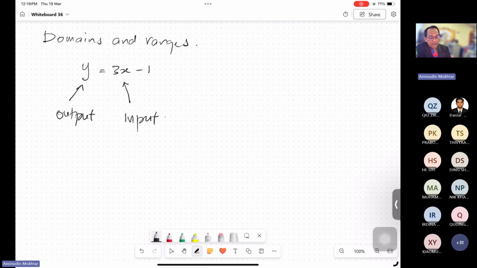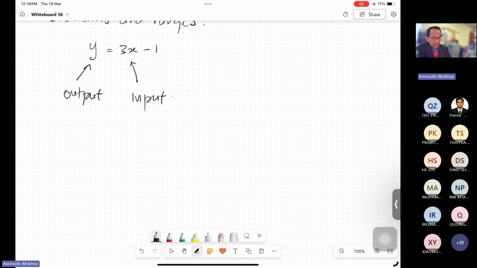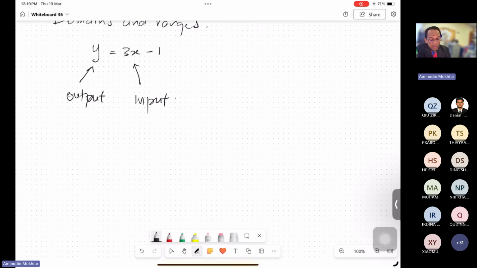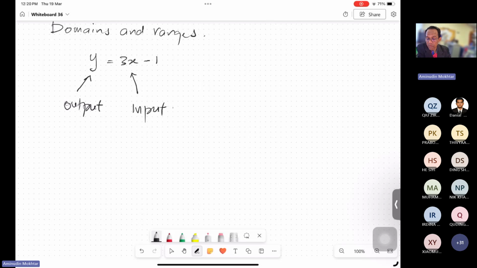Then the set of values of input. X can take any value from negative infinity to positive infinity. Maybe we have more than one value of x: x equal 1, x equal 2, 3, 4, and so on.